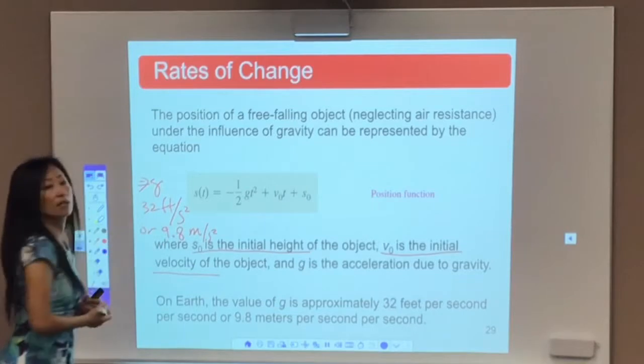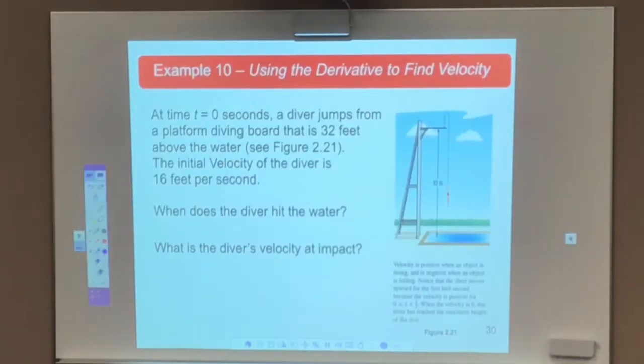Time t equals 0 seconds. A diver jumps from a platform diving board that is 32 feet above the water. Look at the figure. The initial velocity of the diver is 16 feet per second. When does the diver hit the water? That's the first question. What's the second one?